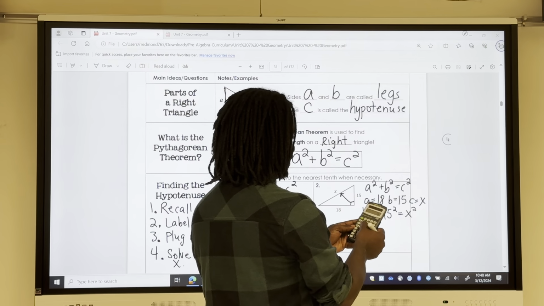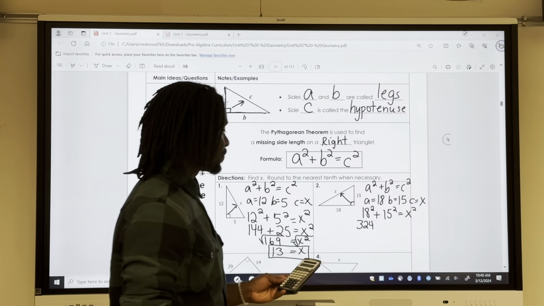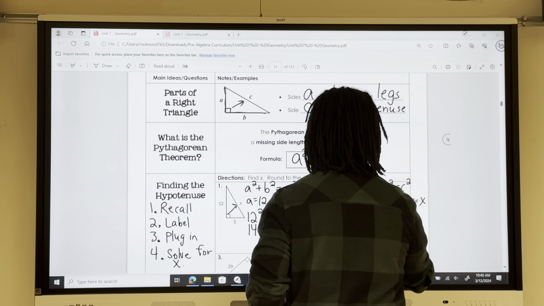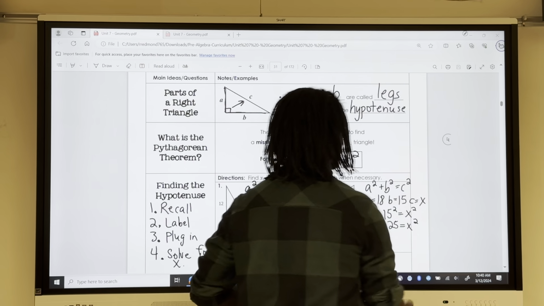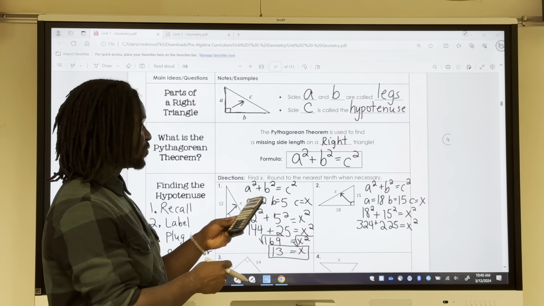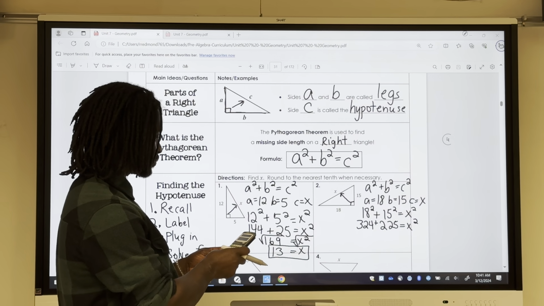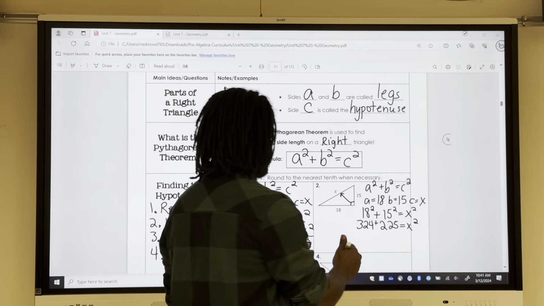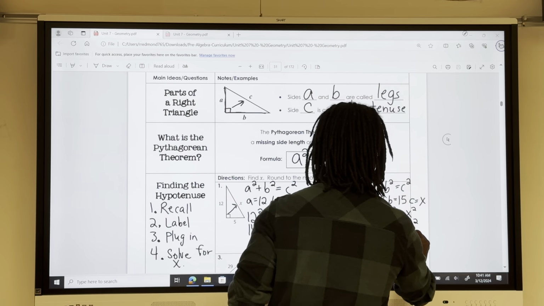I'm going to use my calculator and encourage you to do the same. That is 324. Then 15 squared is 225. So plus that, then I have x squared. Now I'm going to do the 324 plus the 225. That's going to give me 549 equals x squared.